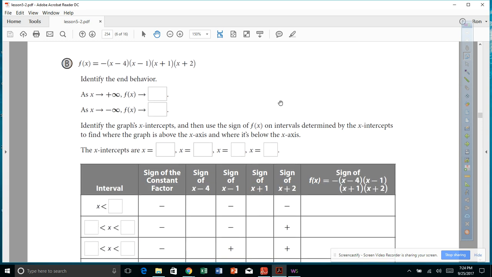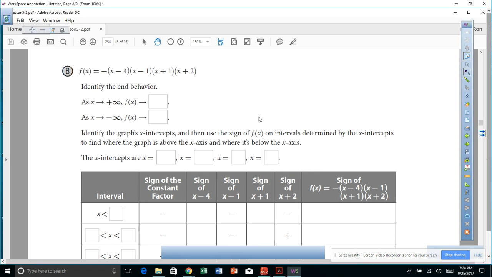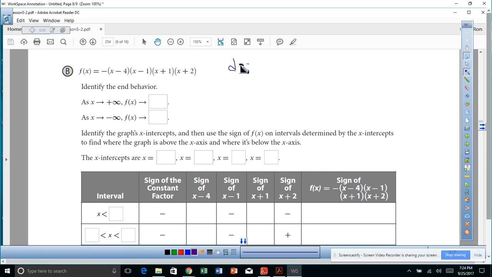So B, all right, identify the end behavior. So what do we got here? What is our degree? You got 1, 2, 3, 4. You have 4 x's. So what is our end behavior?